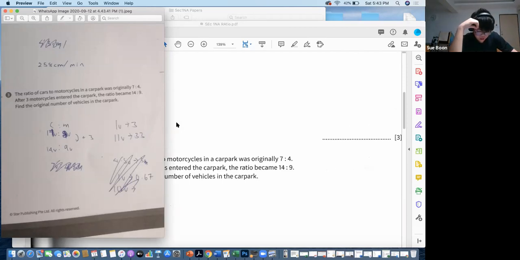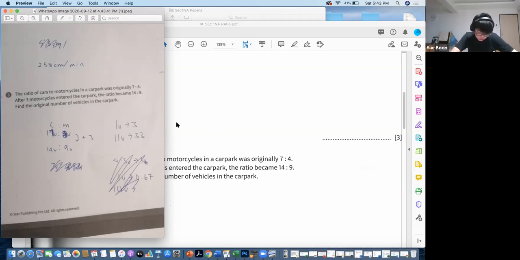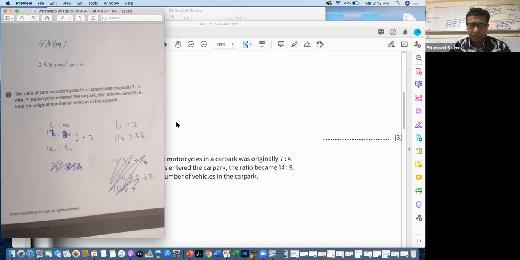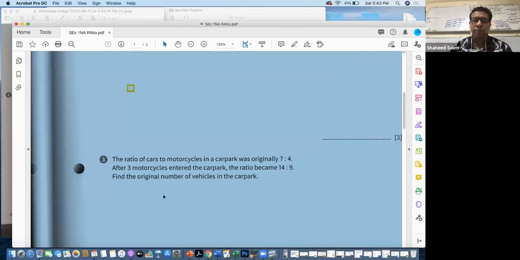Then 14 units equals 9 units. And then I change the top one to 14 units is 8. So 1 unit is equal to 3. Good, okay, well done.